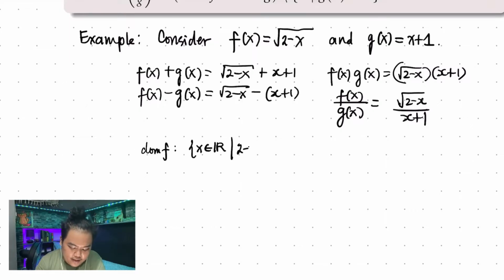So, 2 minus x is greater than or equal to 0. Which is the same as the set of x in R such that, ano ba to pag sinolve natin to? Negative x greater than or equal to negative 2. Divide both sides by negative 1, mag-flip yung sign. So, x is less than or equal to 2. Which is negative infinity to 2.